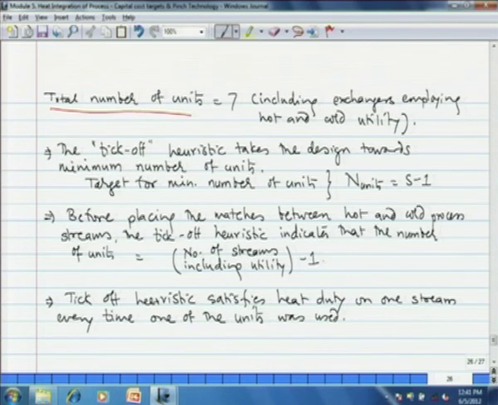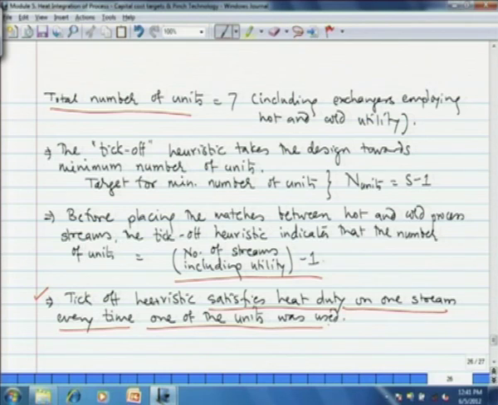Before placing of the matches between hot and cold process streams, the Tickoff heuristic indicates that the number of units are equal to number of streams including utility minus 1. And needless to mention now, I am repeating it for convenience, that Tickoff heuristic satisfies heat duty on one of the streams every time when 1 unit was used, and that is why it gives us the minimum number of units.